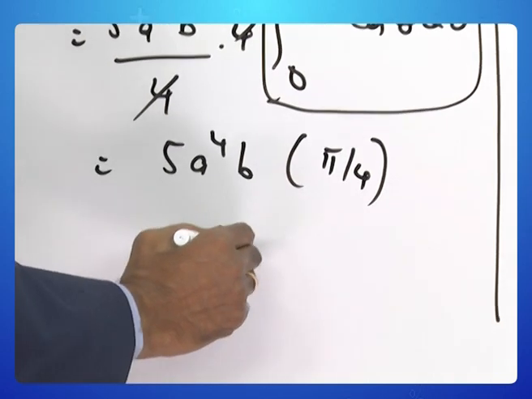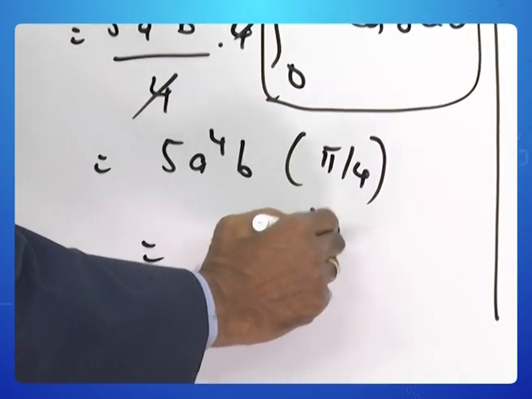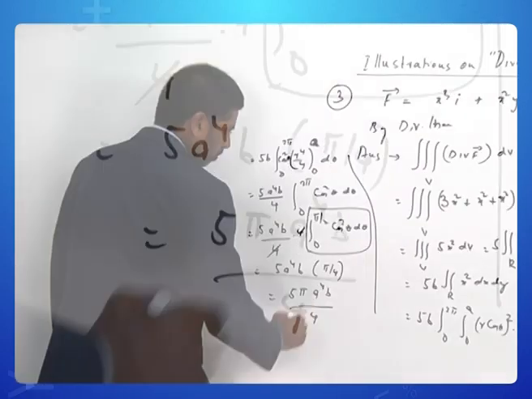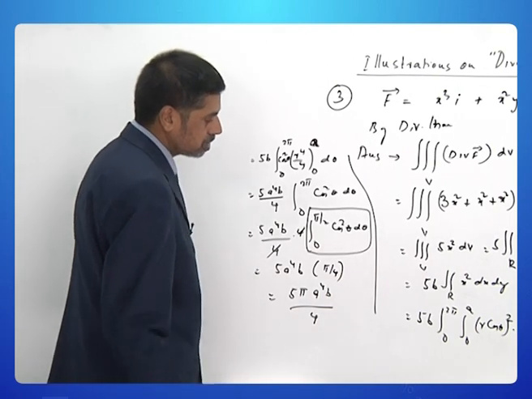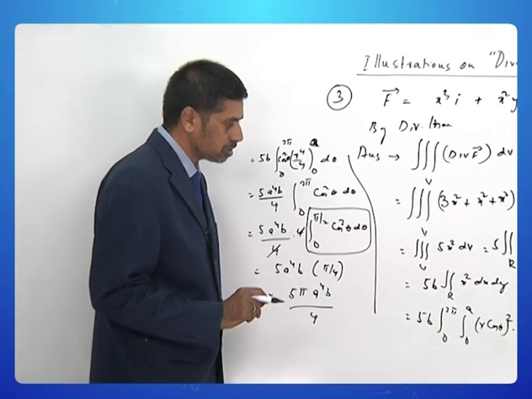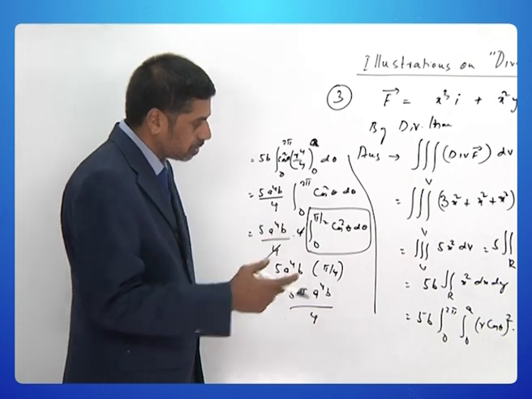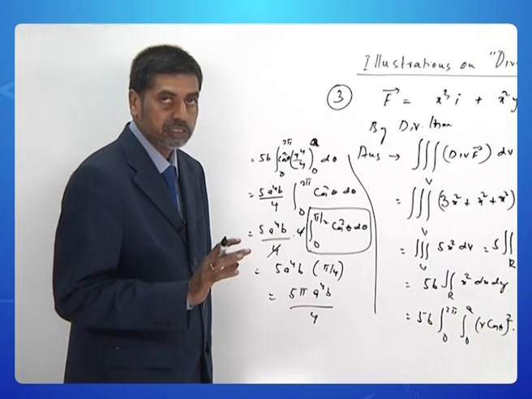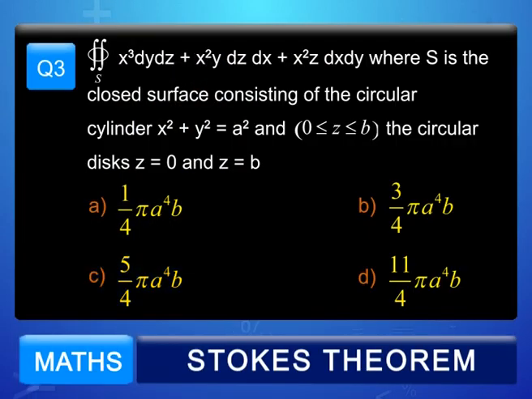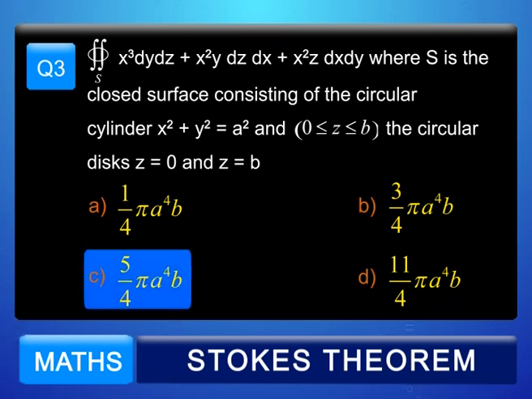So 5 pi a power 4 b by 4 is the correct option. Now this is a fairly decent question because it goes through a little bit of double integration where polar coordinates will be required. The correct option for this problem is C.